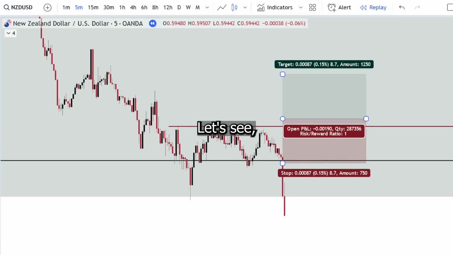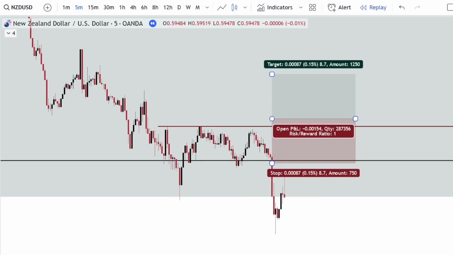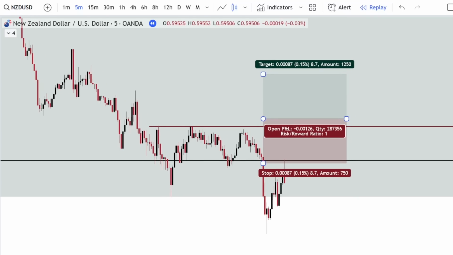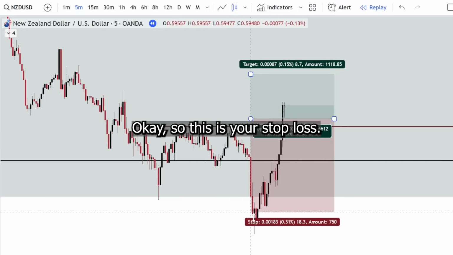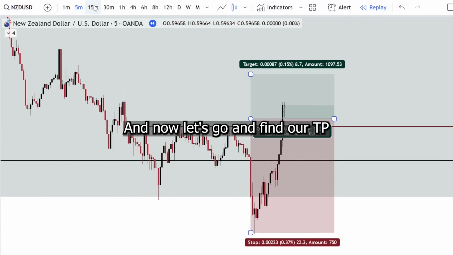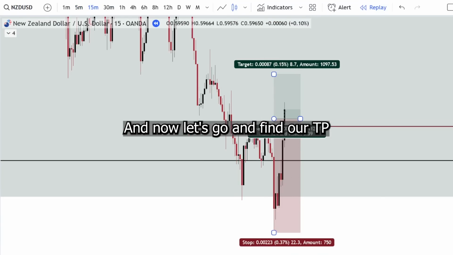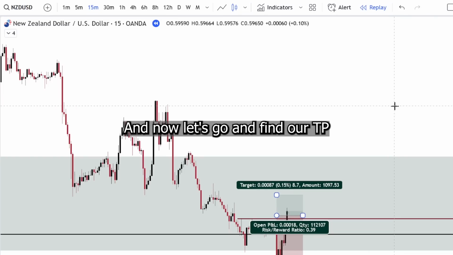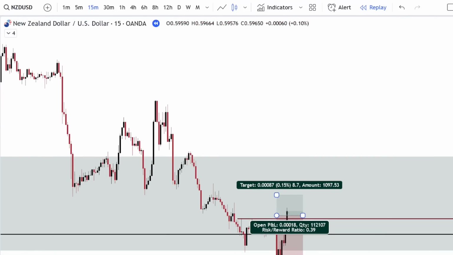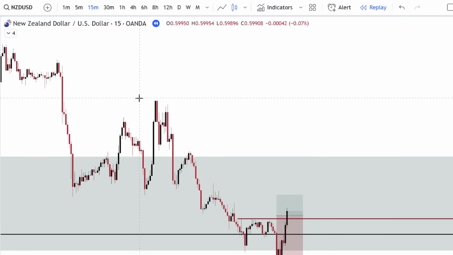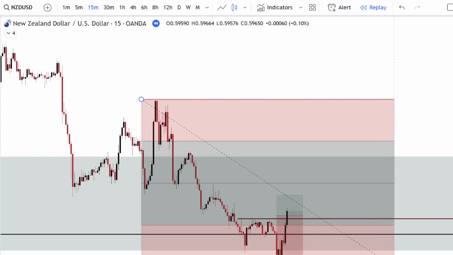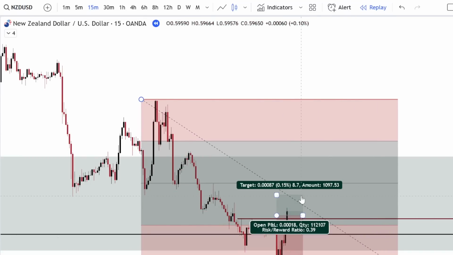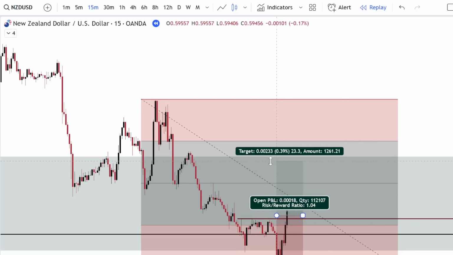Let's see whatever swing low is made. Okay, so this is your stop loss. And now let's go and find our TP. Your TP could be your macro swing. Your first TP could be somewhere right here.